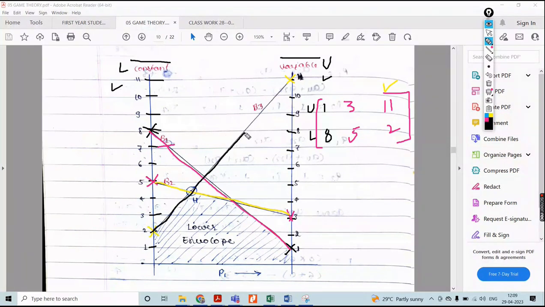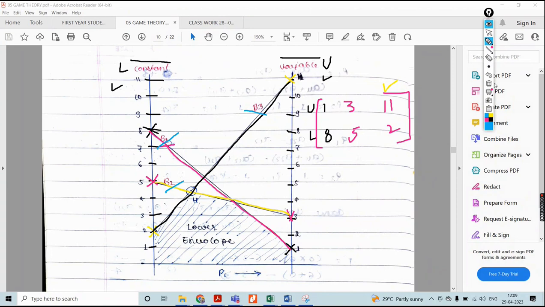Okay, now I got B1, then I got B2, I got B3. Now there will be an intersection. Whenever you are making the envelope, see what is to be present in the particular graph.